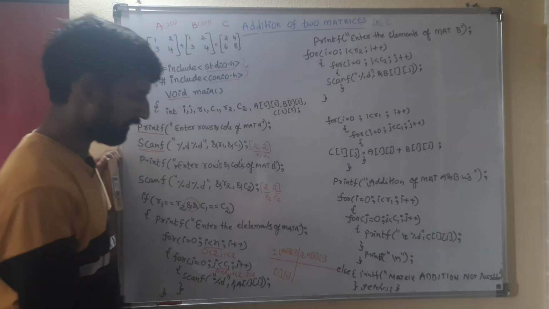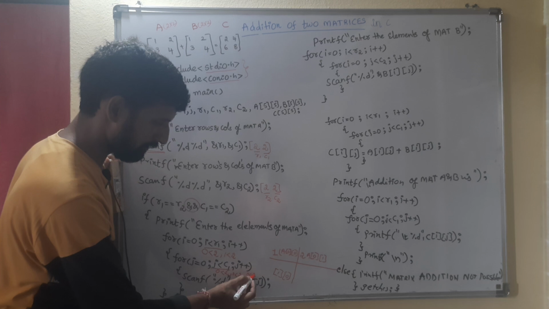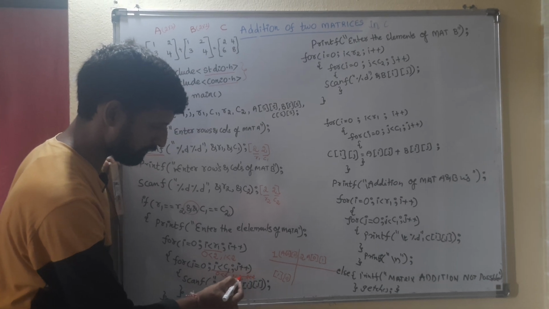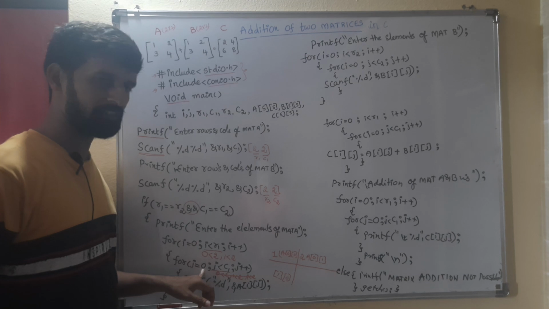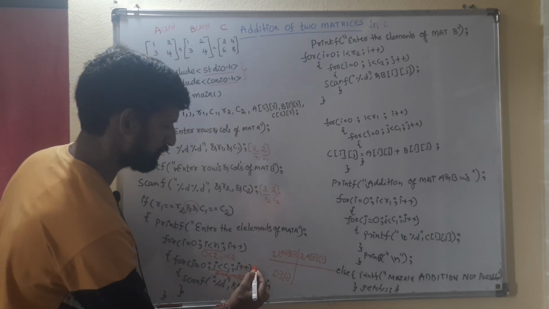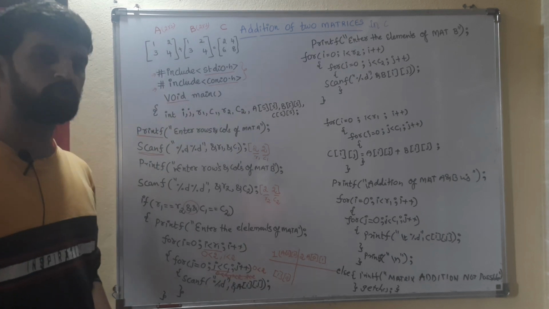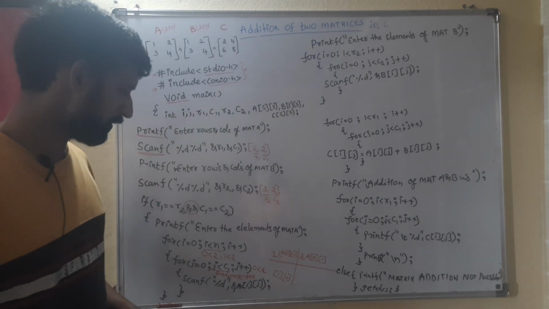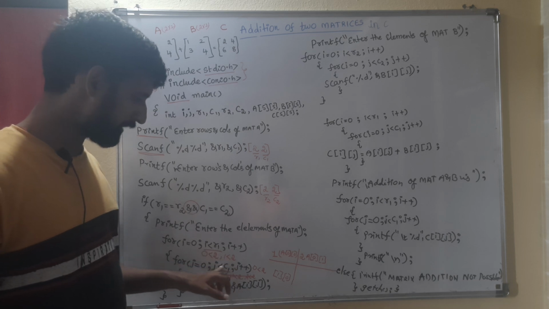So when 1 is less than 2, now what about this part? Here, when the condition is false, then what is going to happen? Again j remains the same, which is 0. Now what is going to happen? 0 less than 2, the condition is true. When the condition is true, it is going to take the value of i as 1 and j as 0.